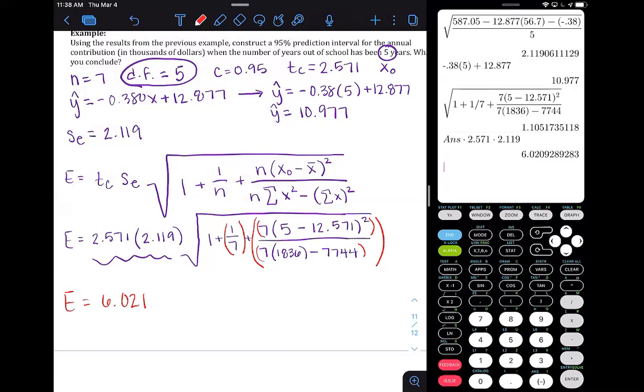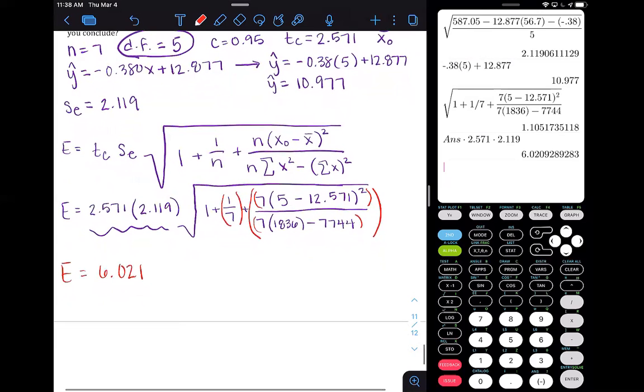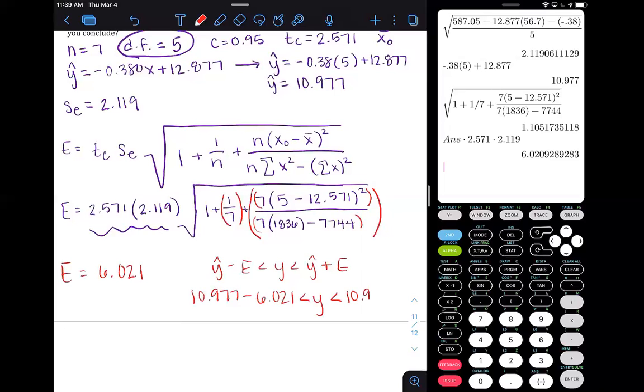So we're going to finish this up, and then if you have questions and you're typing wrong in your calculator, I'll come around and look at them. To finish off your interval, you're going to do your y hat minus E and your y hat plus E. So we have 10.977 minus 6.021, which is less than y, which is less than 10.977 plus 6.021.